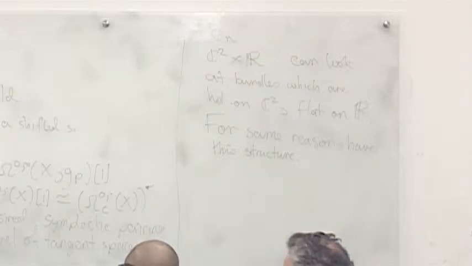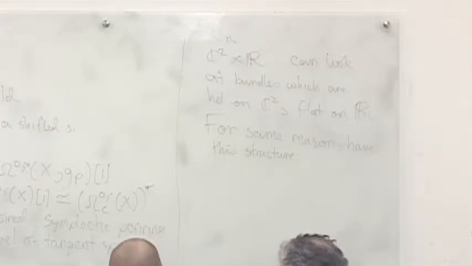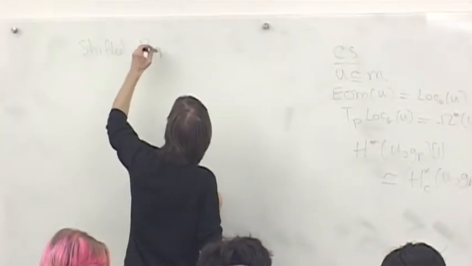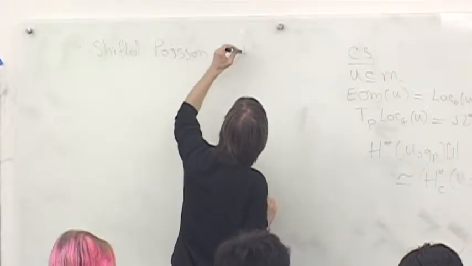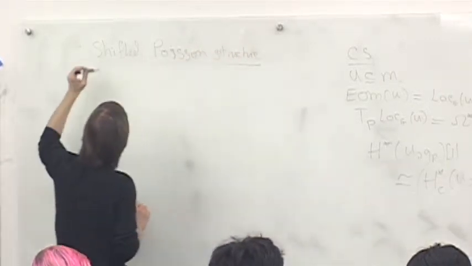Can you elaborate on what a shifted Poisson structure is? The simplest thing to say is at the level of functions.